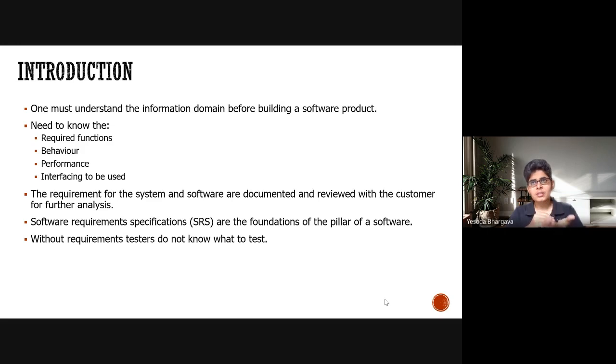So SRS provides us that platform and opportunity to get to know our software better before we get to know it in a deeper manner. So that is the importance of understanding software requirement specifications.